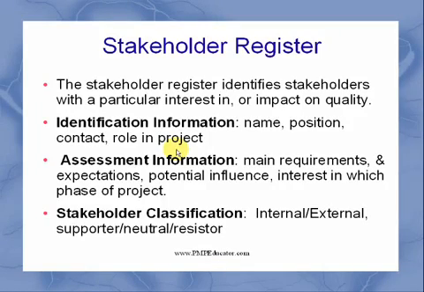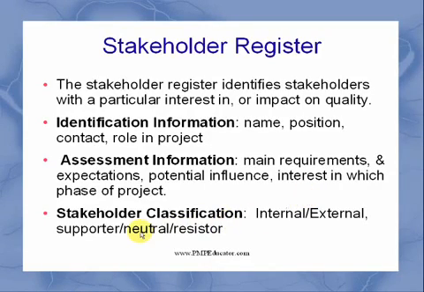Then we have the assessment information: what are the main requirements and expectations of that stakeholder, the potential influence of that stakeholder, and interest in which phase of the project. Sometimes a stakeholder is more interested in the planning phase, and some stakeholders are involved when you are doing the quality assessment of your project. And finally, we have the stakeholder classification.